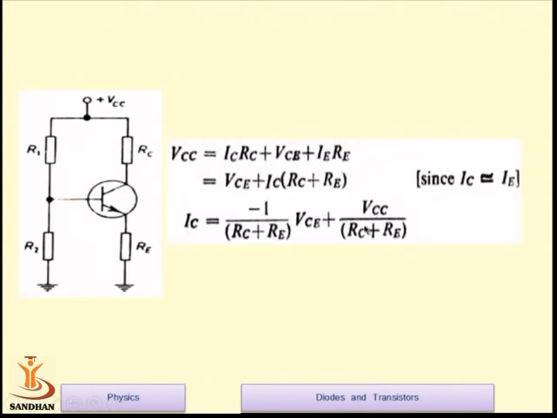As I told you, if you move this term towards the left, VCE equals VCC minus this. So as IC increases, VCE decreases, because IC moved to the left becomes a minus term.